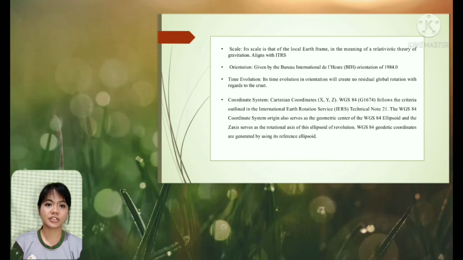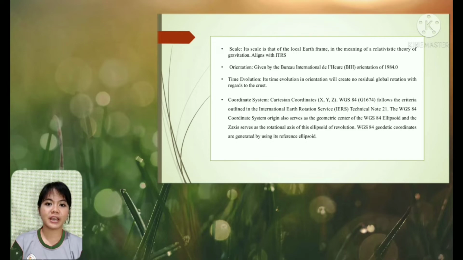Its time evolution in orientation will create no residual global rotation with regards to the crust. The Cartesian coordinates x, y, z of WGS-84 G1674 follow the criteria outlined in the International Earth Rotation Service or IERS Technical Note 21.